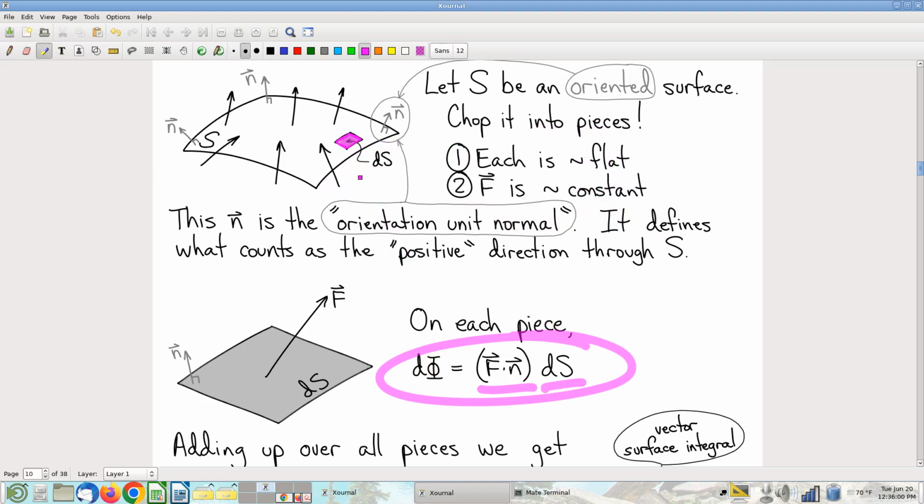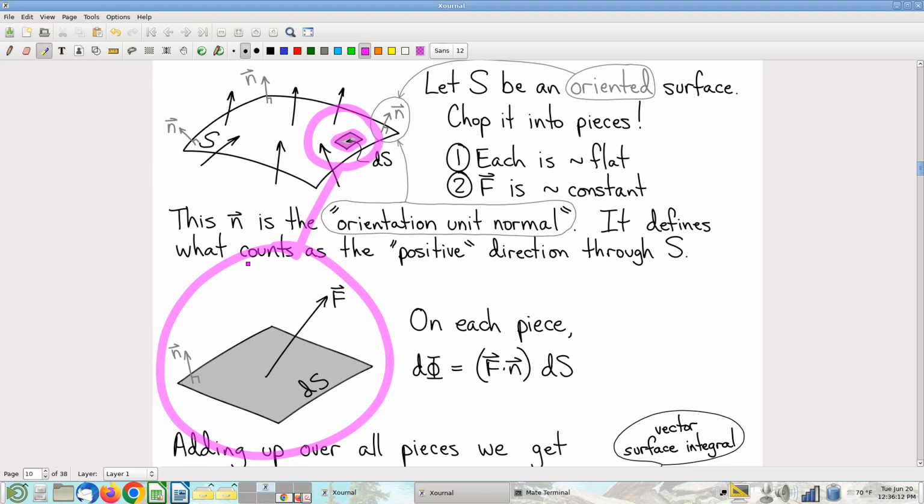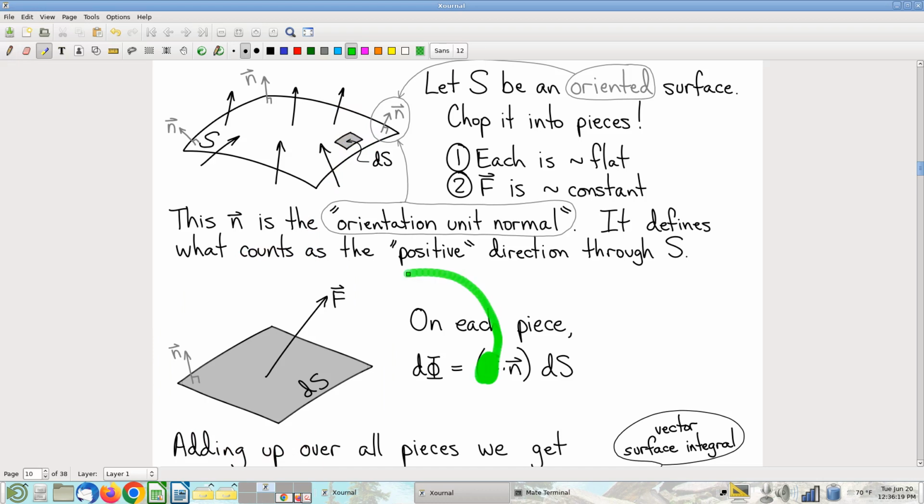How we doing? Everybody on board? Quick reminder, just for visual aid purposes, this little piece here, I'm expanding here to see it bigger and better, and so the vector field is approximately constant over the entire surface, and this little piece of area is approximately flat.